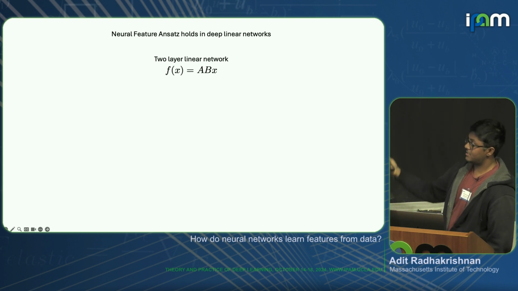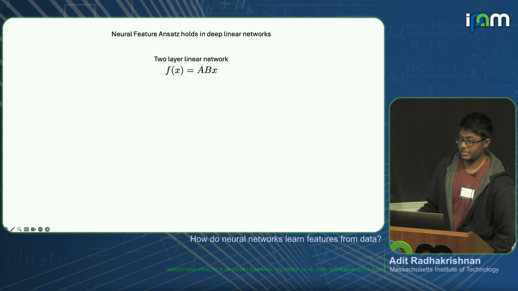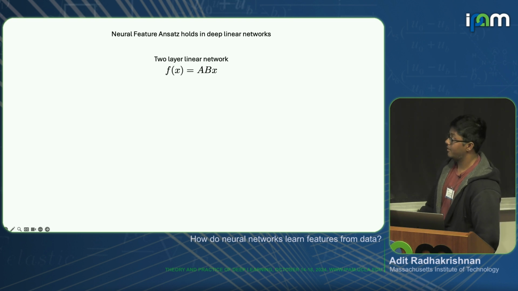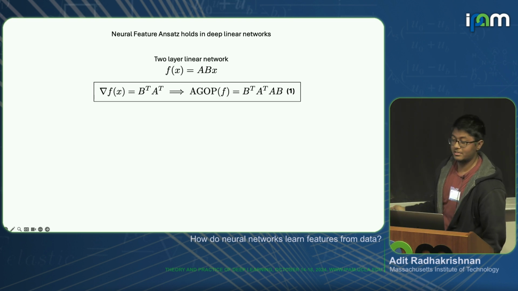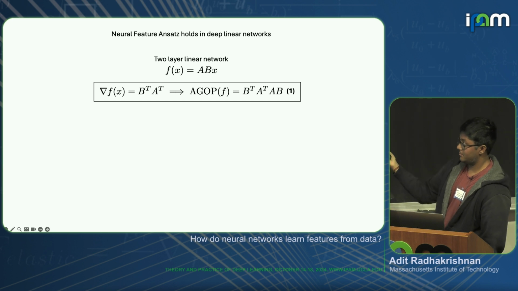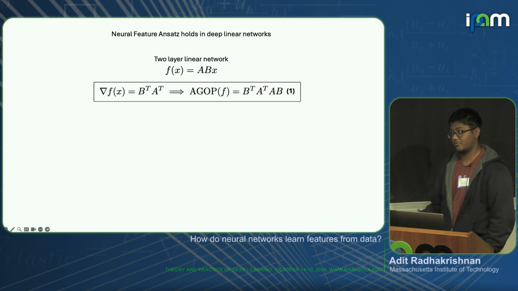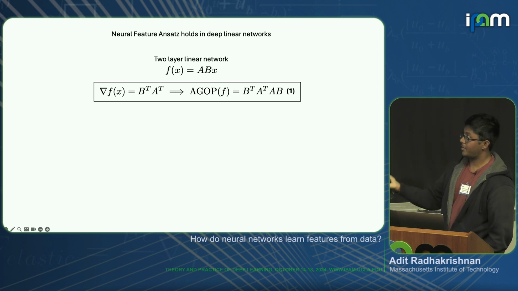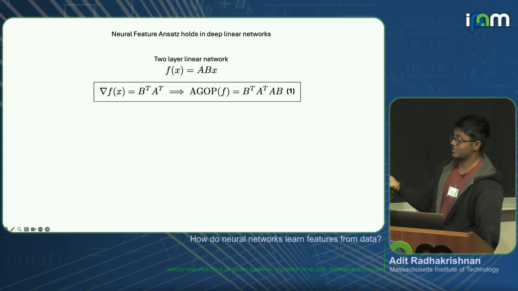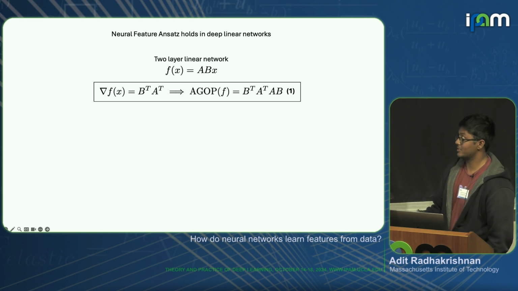I have some input x. I have a predictor, a 2-layer linear network, A times B. I can take the gradient of f. This takes the value B transpose A transpose. This is a constant for any x. If I look at the AGOP, this is just B transpose A transpose A B. This is going to be my first equation.